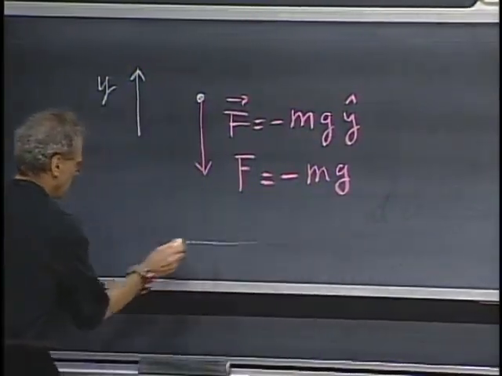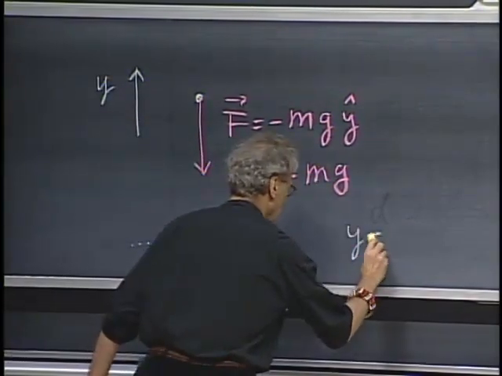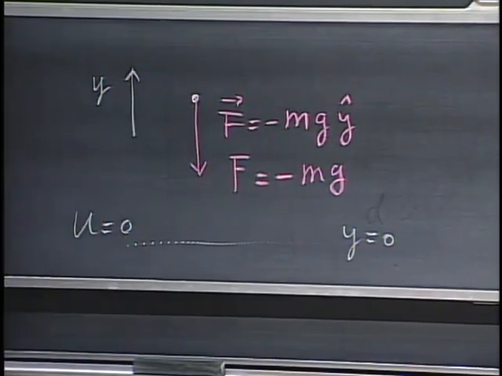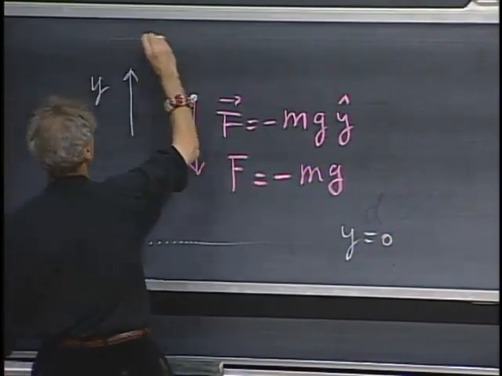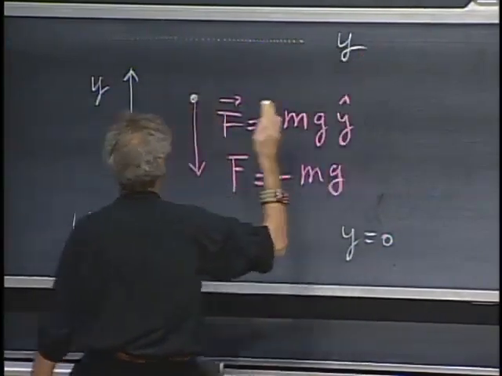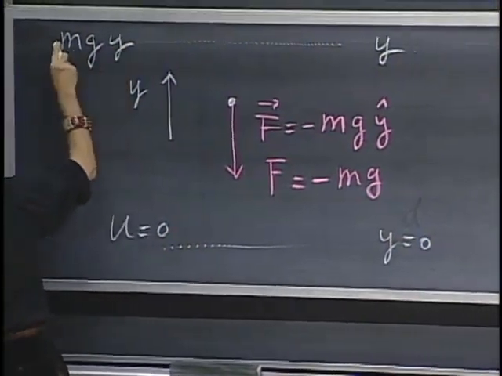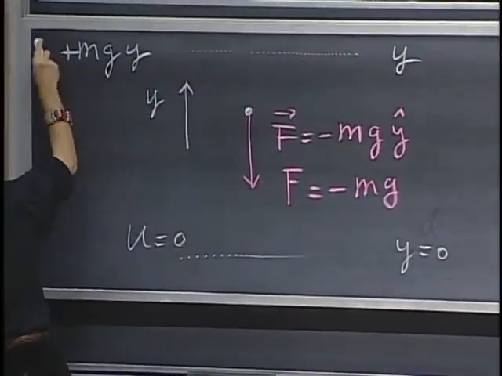If this level here is y equals 0, and I call the gravitational potential energy 0, and this is y, then the gravitational potential energy here equals plus mgy.